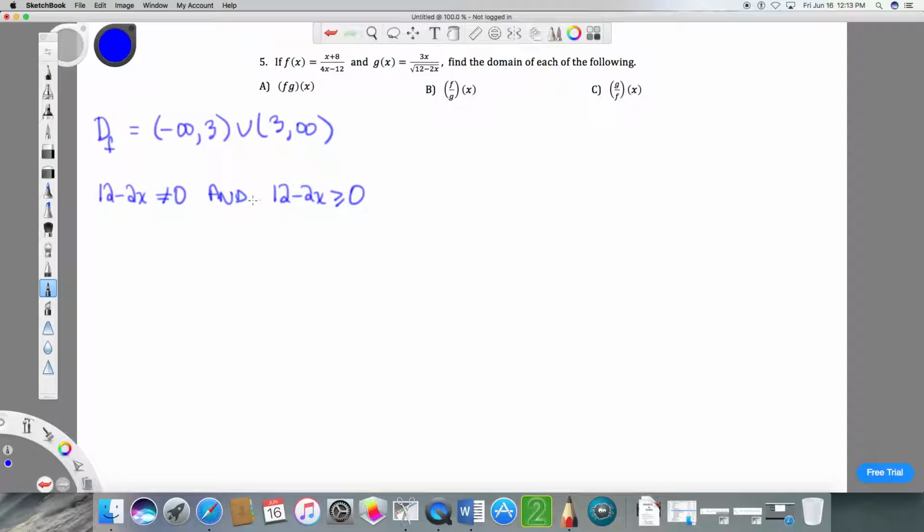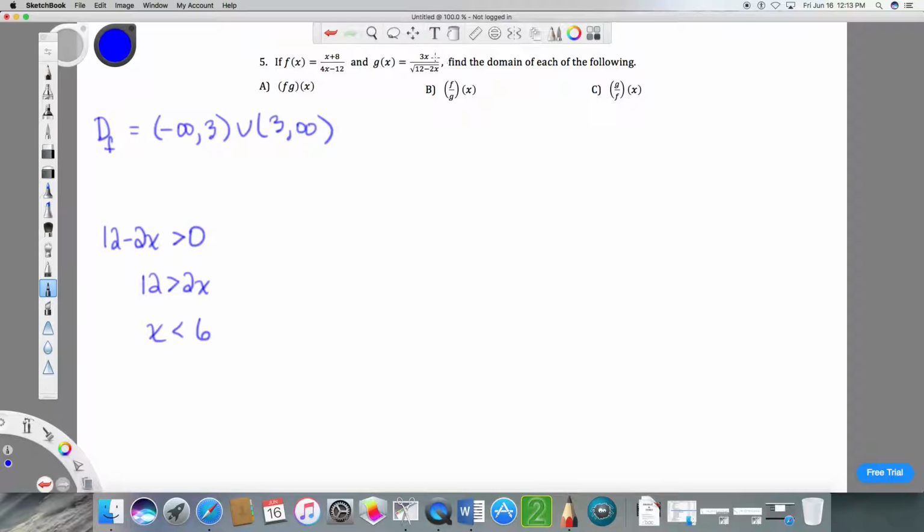For these to happen at the same time means this 12 minus 2x has to be strictly greater than 0. All right, so let's solve this inequality. Let's add 2x to each side. Divide by positive 2. And we get that x is less than 6, which makes sense.